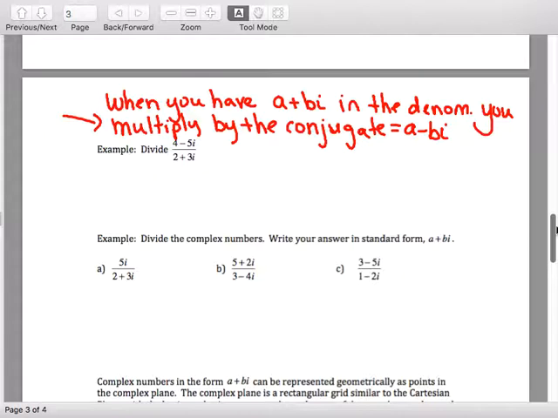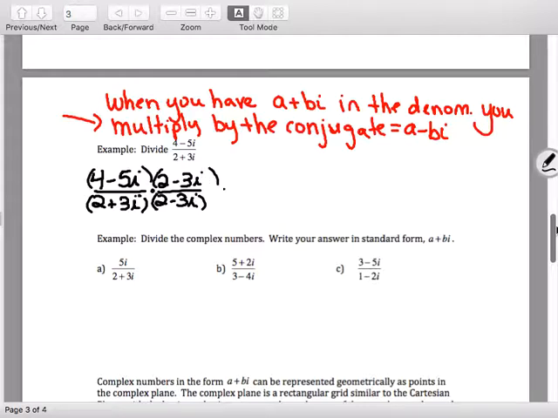So, if I have 4 minus 5i over 2 plus 3i, I can't leave the i in the denominator because it's a square root. So I'm going to multiply by the conjugate. And what that is, you just change the sign down in the bottom. And if you're a little foggy, that's okay. That means you're learning something new. And when we're done with the FOIL, it should make a little bit more sense.